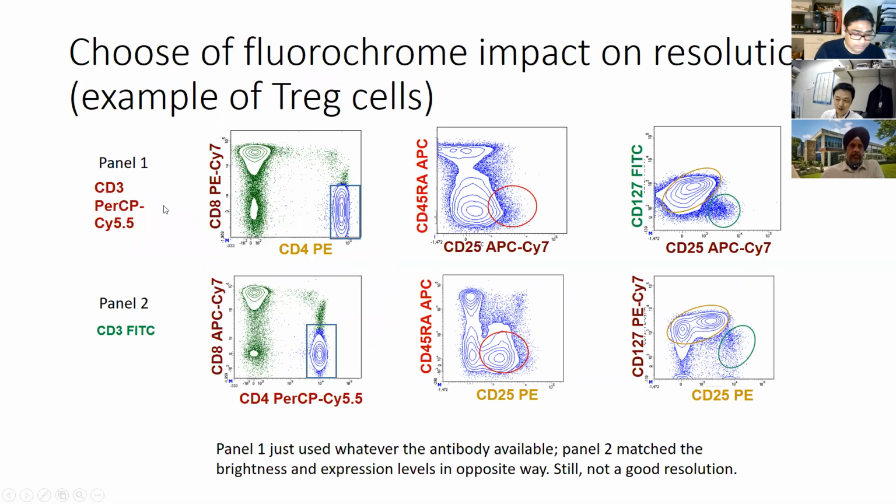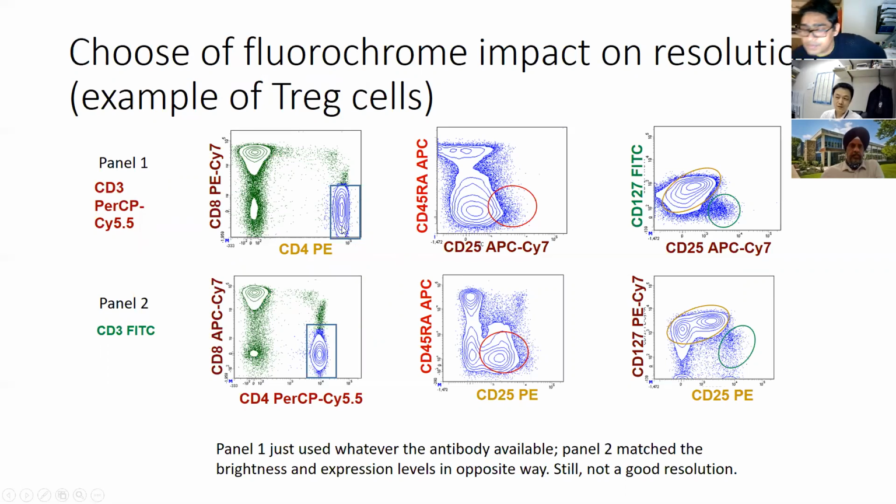In this panel, we want to identify the Treg cells. First, we use CD8 and CD4 to identify the CD4 T cells. First of all, they go through the CD3 to screen the T cells, then go to CD4 and CD8, looking for the CD4 part.